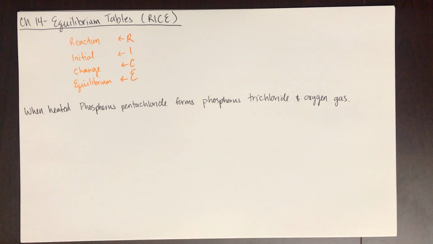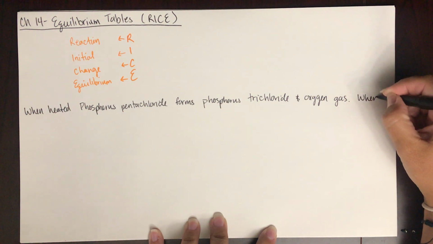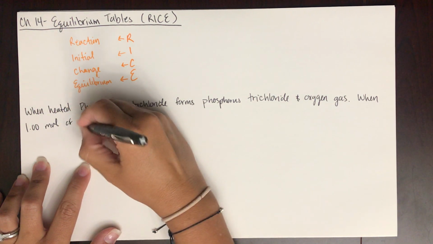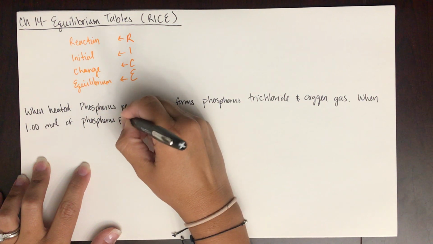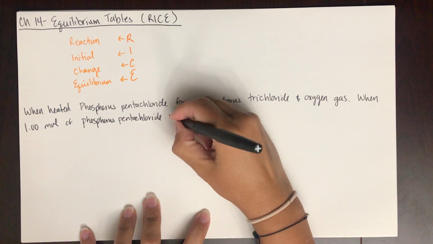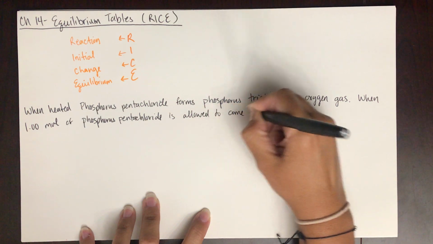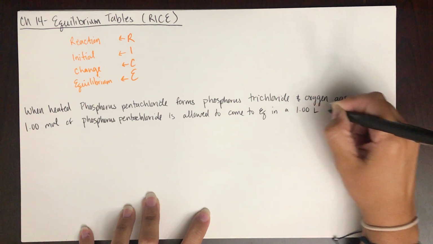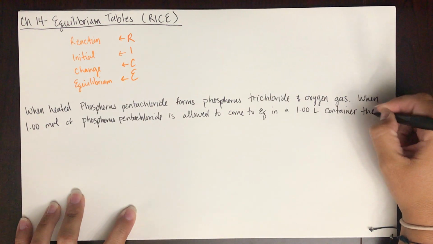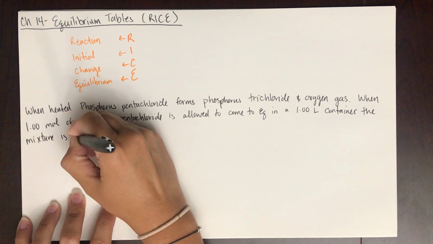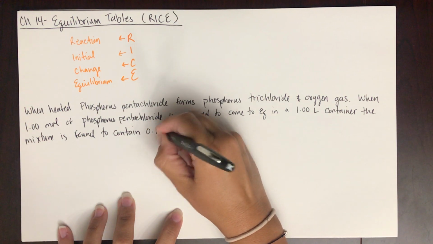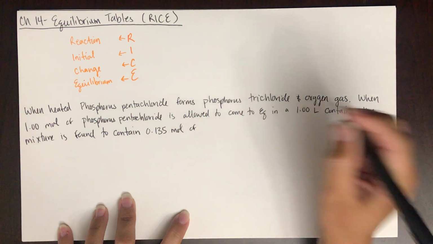It says when 1.00 moles of phosphorus pentachloride is allowed to come to equilibrium in a 1.00 liter container, the mixture is found to contain 0.135 moles of phosphorus trichloride.